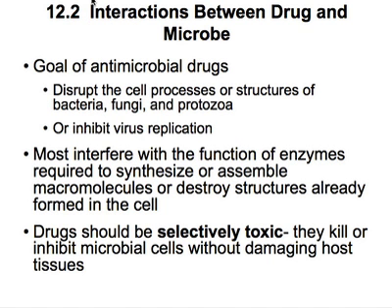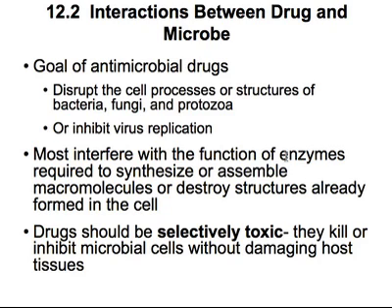So again, the goal of antimicrobial drugs is to disrupt the cell processes and structures of bacteria, fungi, and protozoa. And again, you want this to be selective just for these groups so that it does not affect our cells. Or it can inhibit viral replication, and this is primarily dealing with viruses, which can be much, much more difficult to design drugs for, and we'll talk about why in a little bit.